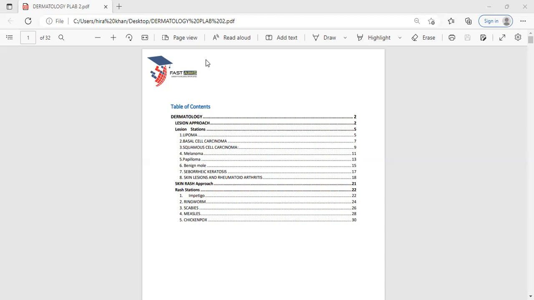Because sometimes when we start from scratch, from the ABCD of the history taking approach, and keep on asking all the questions related to all the sections, even if we do not know the exact scenario, or are unable to find the actual cause or the diagnosis, we might pass the station.